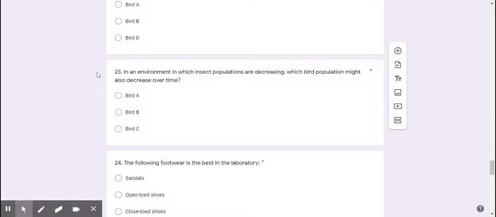Number 24. The following footwear is the best in the laboratory: sandals, open-toed shoes, or closed-toed shoes?